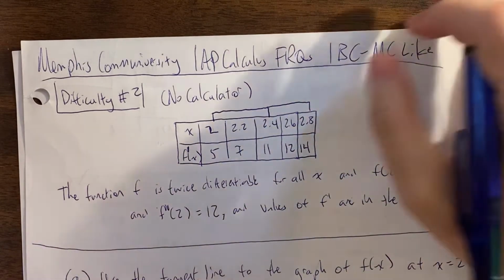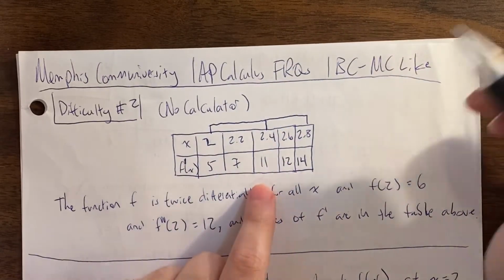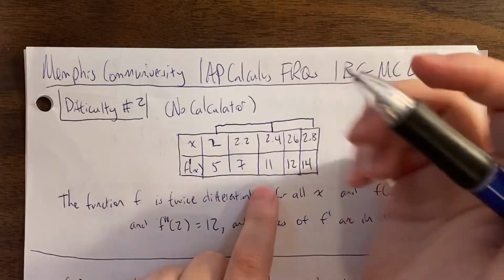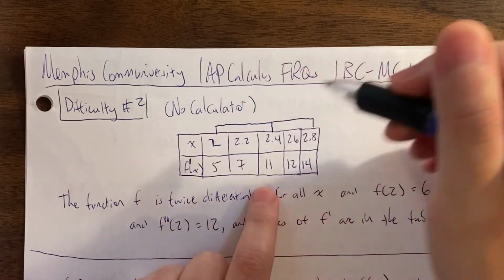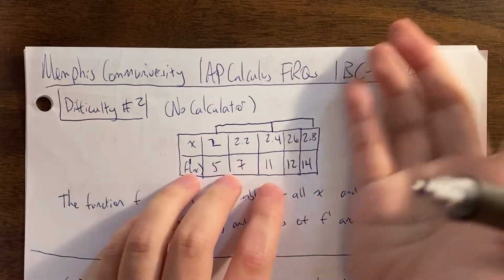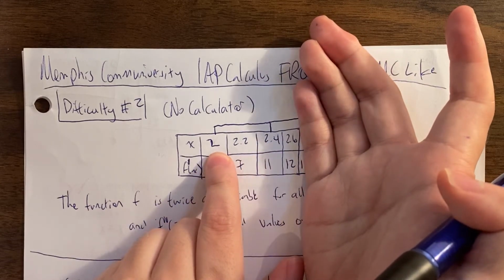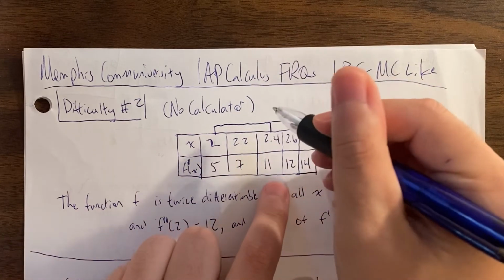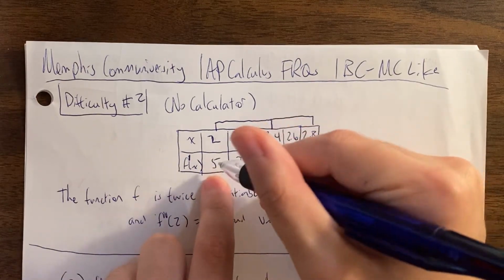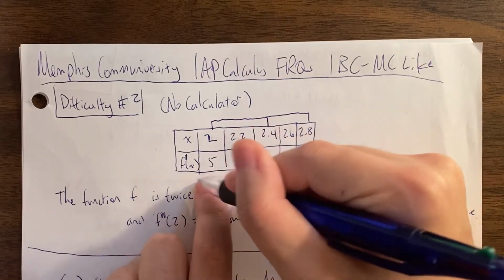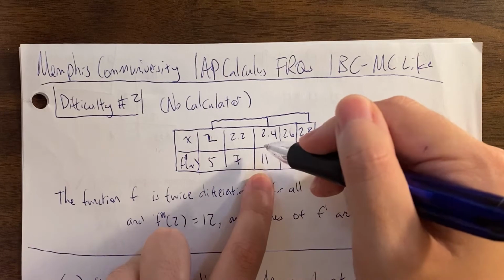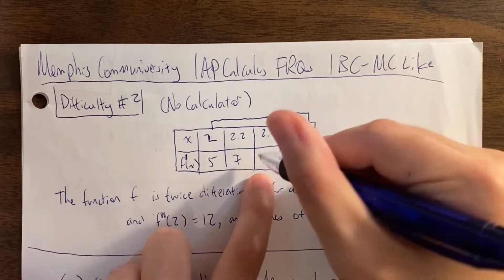And again, the thing I try to tell my students as much as possible is that when you take a rectangle, it's always the difference in the x's times different y's. So in this case, it's the difference in the x's, so it's 2.4 minus 2, and then it's going to be times different y's. If we were doing left, we would choose the left coordinate. If we were doing right, we would do the y value of the right coordinate.